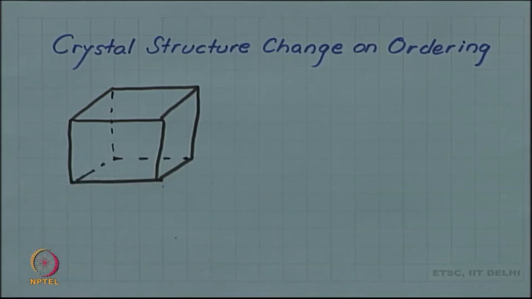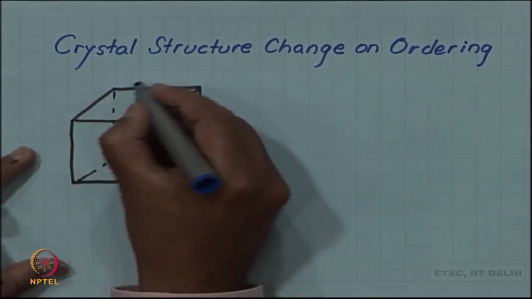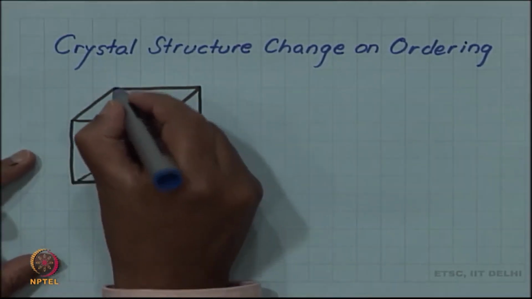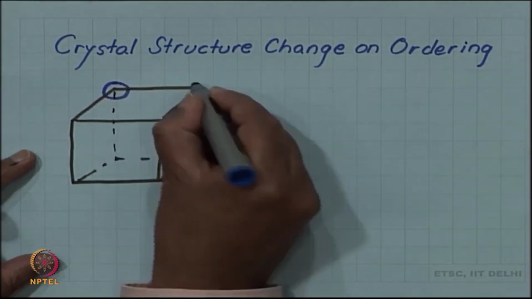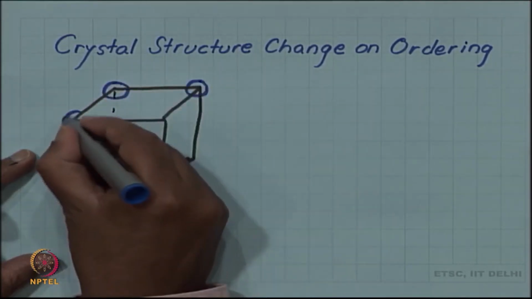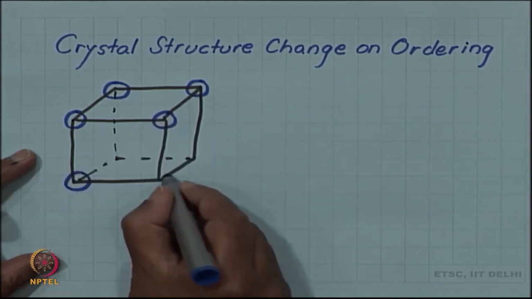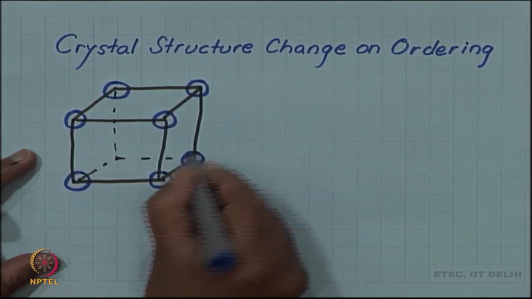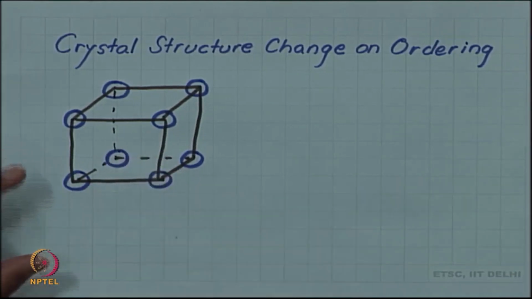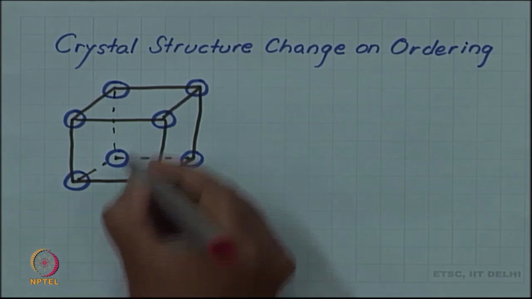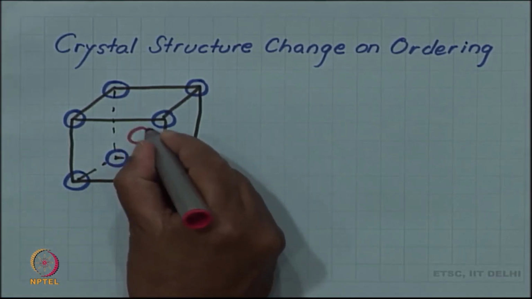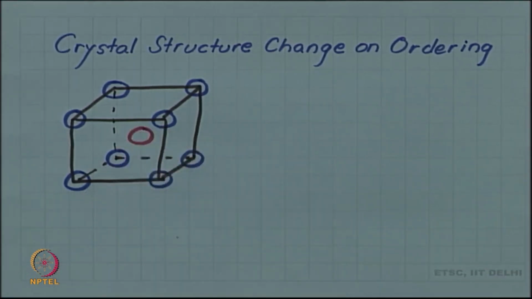So, let us have this unit cell, and let me draw the low temperature ordered structure. Zinc takes all the corner sites and copper takes the body centered location.